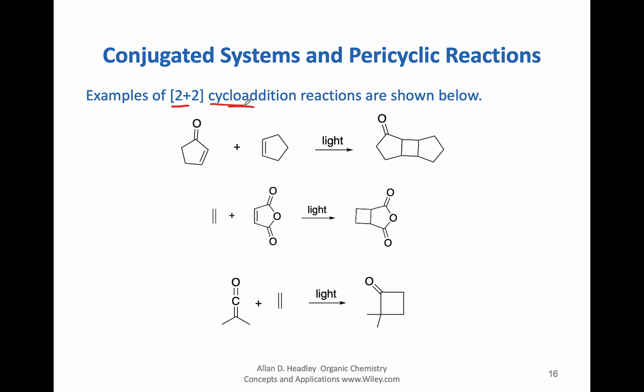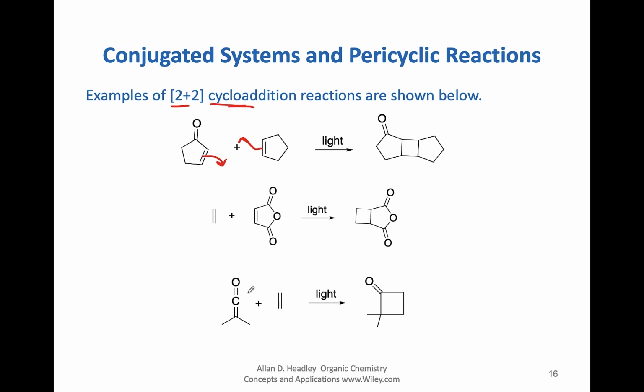Remember, it's a cycloaddition, so we'll have a ring formed here, a four-membered ring. So here's that four-membered ring. One way of writing it is that this double bond comes out to form that bond, and this comes out to form this bond here. So here we have this four-membered ring. Here's another example. Double bond here and double bond here, and we form our four-membered ring here.